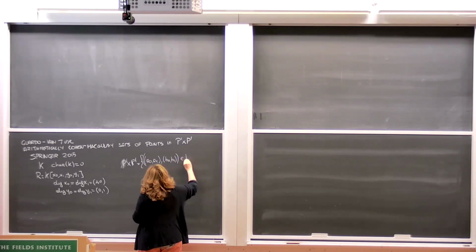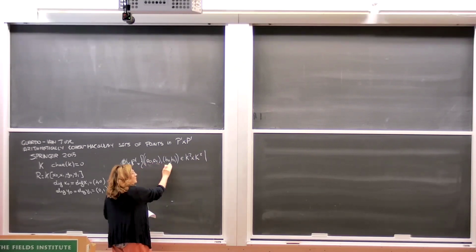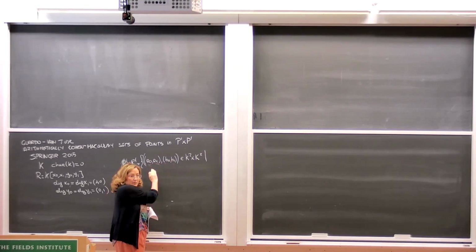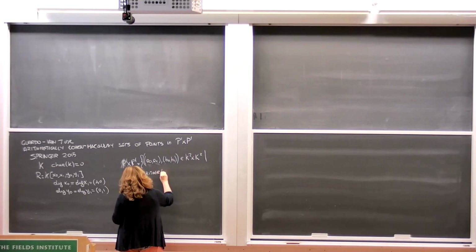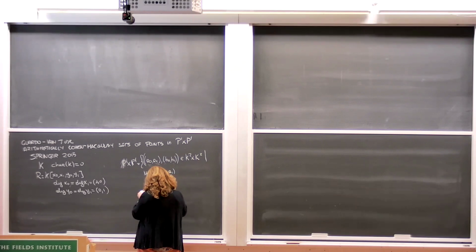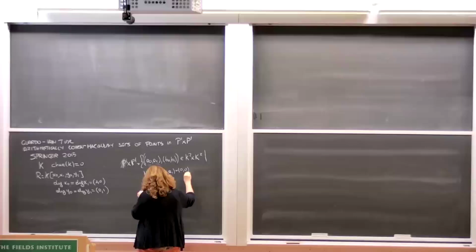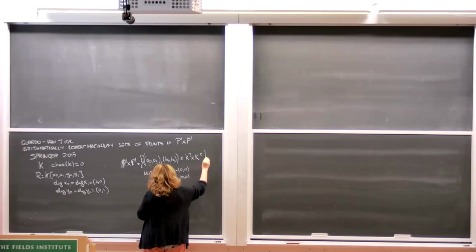This is in k squared times k squared, where they are not both zero, okay? So this means that neither (A0, A1) nor (B0, B1) is zero.